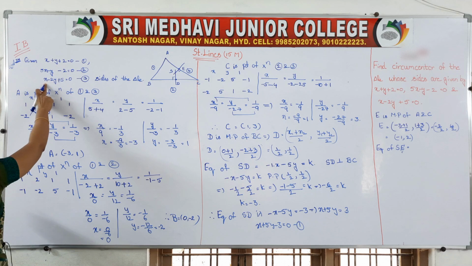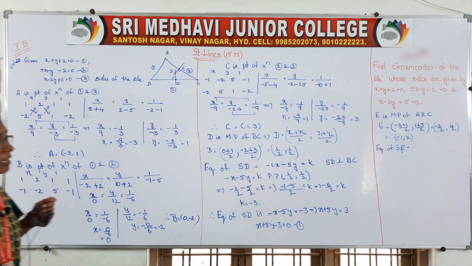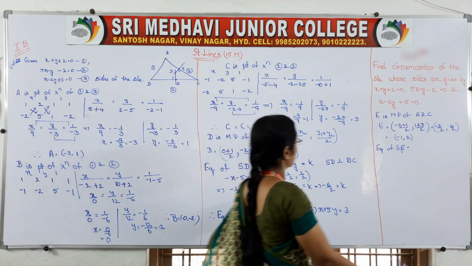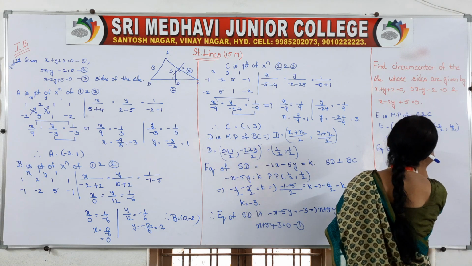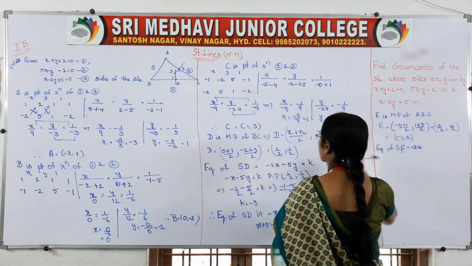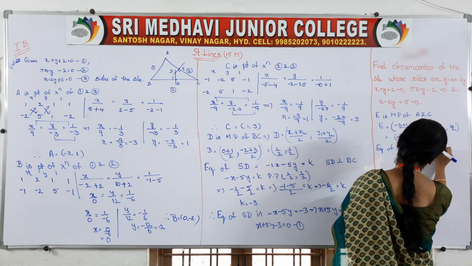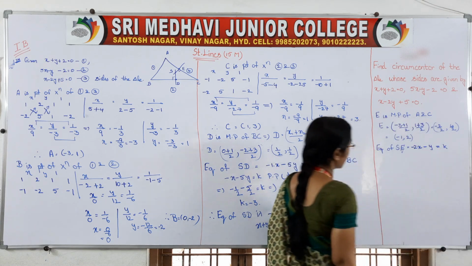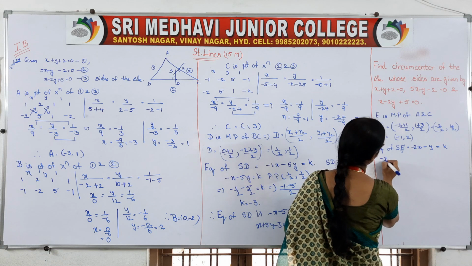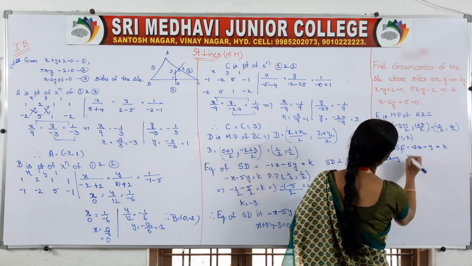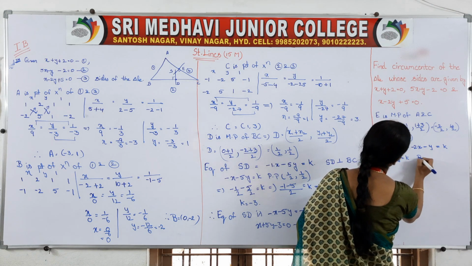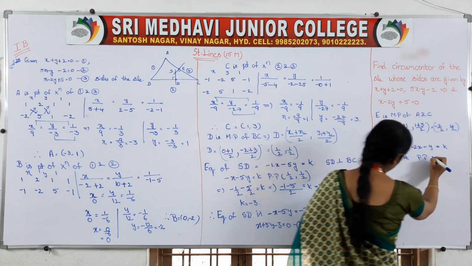So if we want to write the perpendicular equation, the y coefficient comes to x, so minus 2x, and the x coefficient goes to y, right? In the middle, a minus sign, equal to k. So minus 2x minus y is equal to k, passes through which point?